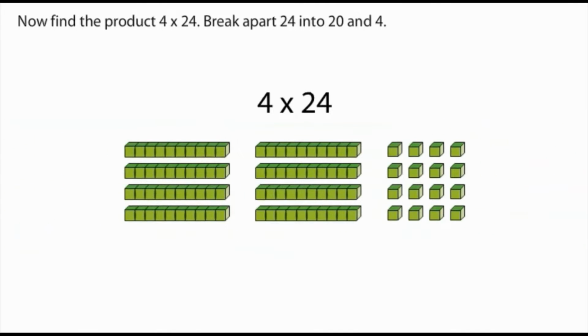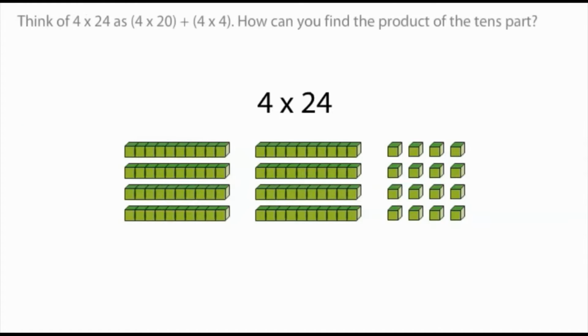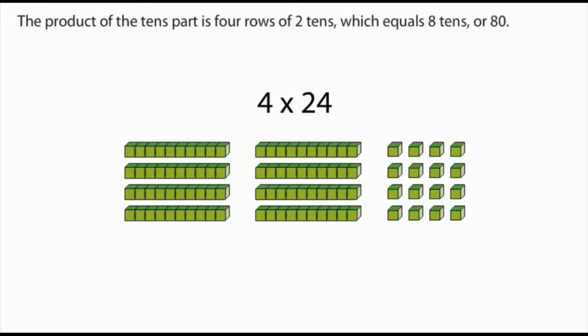Break apart 24 into 20 and 4. Think of 4 times 24 as 4 times 20 plus 4 times 4. How can you find the product of the tens part? The product of the tens part is 4 rows of 2 10s, which equals 8 10s or 80.